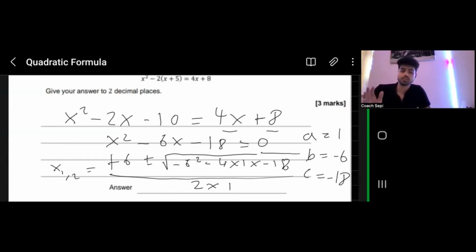And once again, you simplify this, and then you'll have your final answer in the calculator.